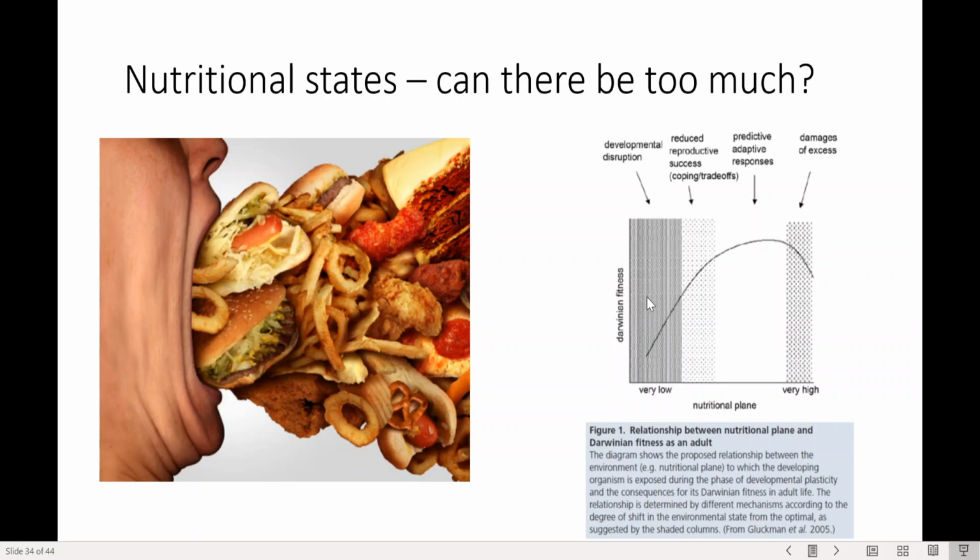Right? So this is what we've been talking about so far in terms of the harsh environments that set individuals on specific developmental trajectories.